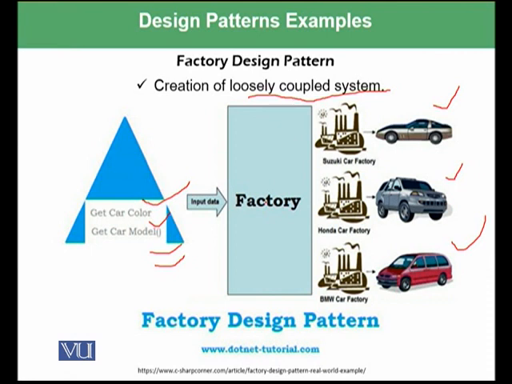No, the factory has already created cars that have a loosely coupled system of engine, tire, body, glass, lights, all of the things are available. So based on the user requirement, they just need to connect the things and present it to the user.